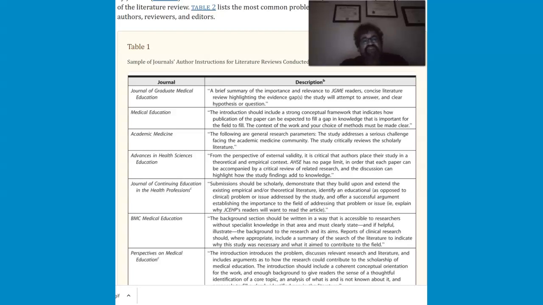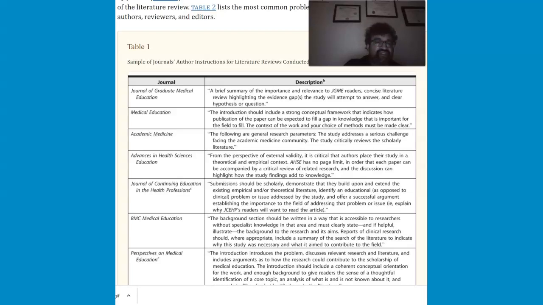Now, theirs is the perspective of external validity. So it's critical that authors place their study in a theoretical and empirical context. So this is very much kind of open and shut. There's no page limit in order that each paper can be accompanied by a critical review of related research, and the discussion can highlight how the study findings add to knowledge.